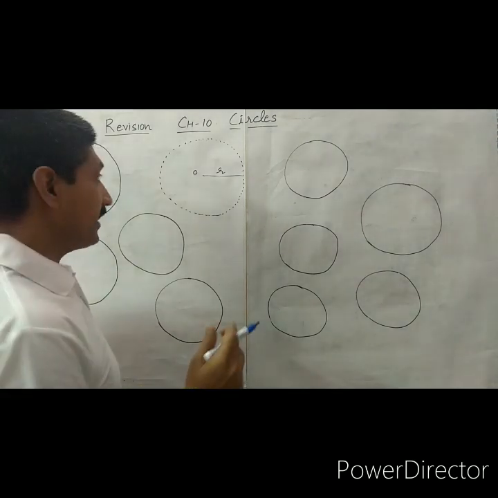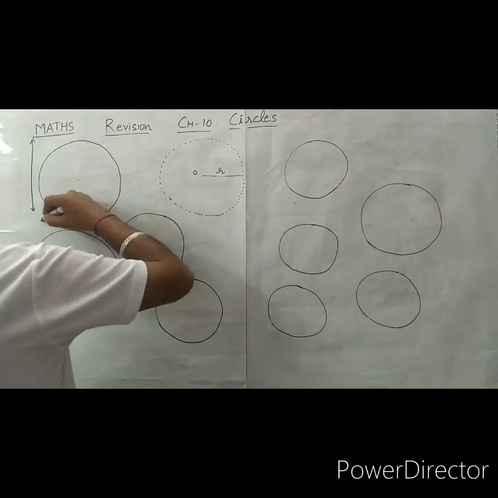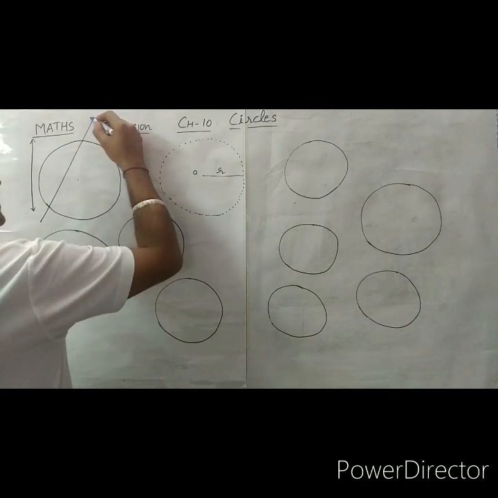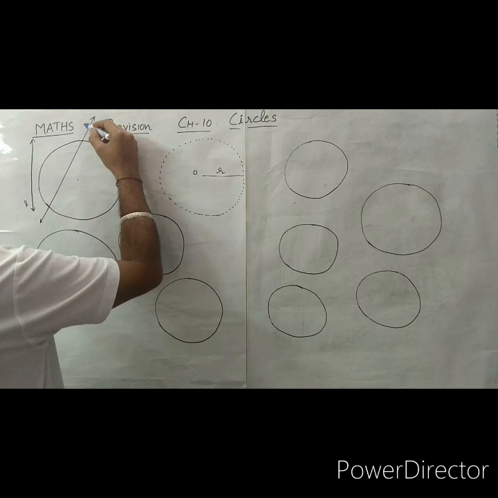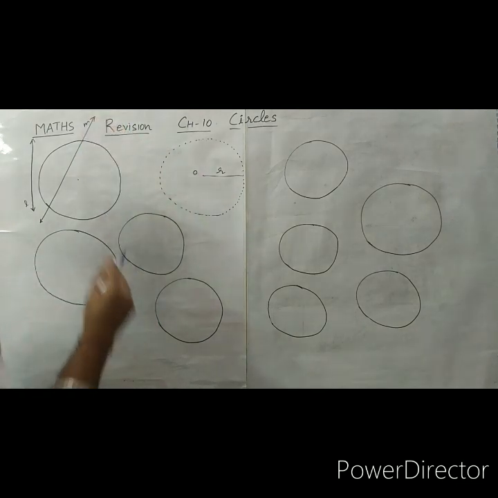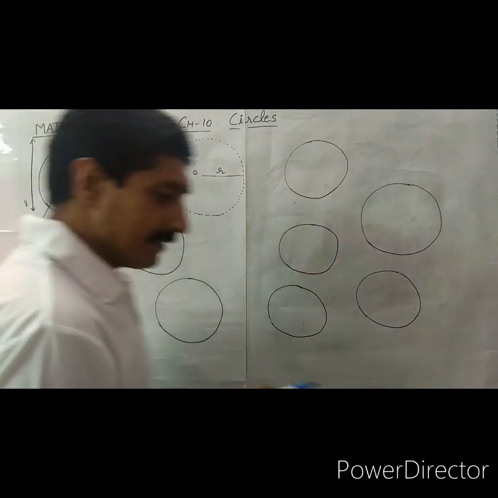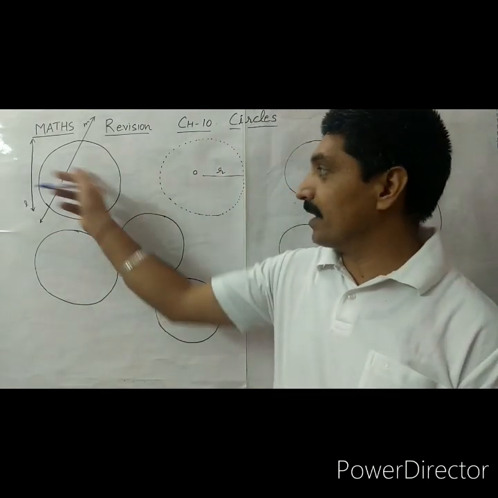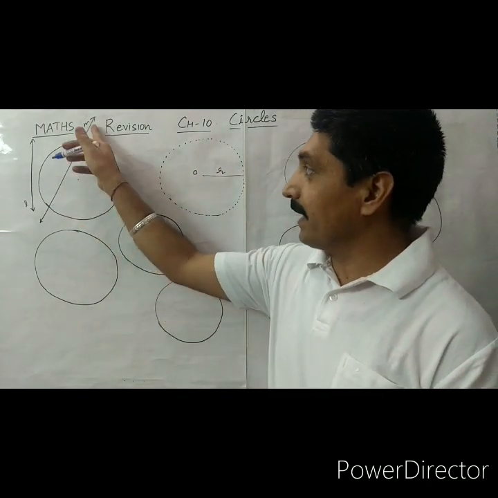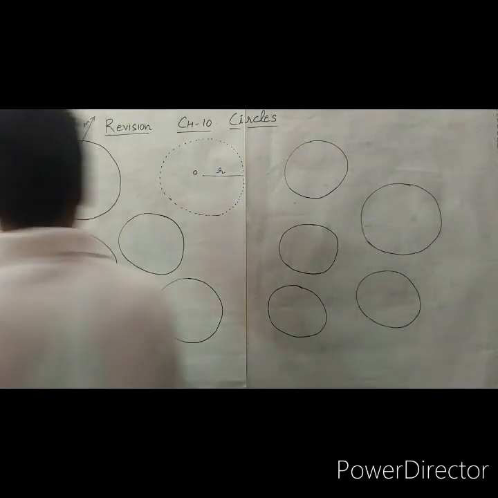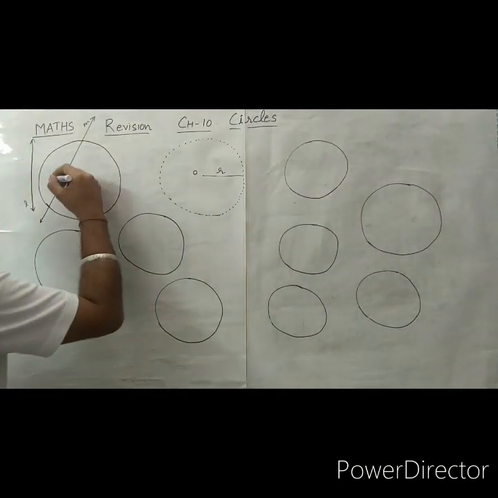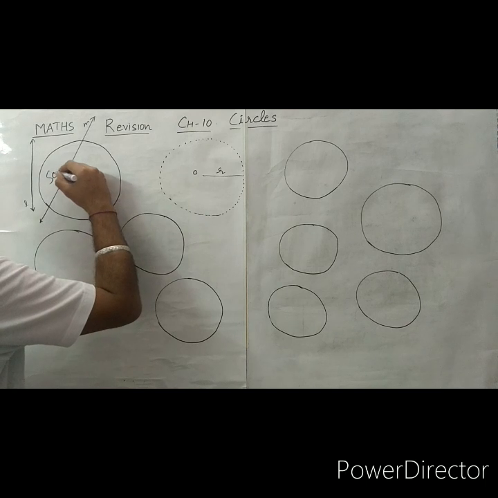Now case second, when this line divides the circle, if this is line L, this is line M. Now this line divides a circle into two parts, two segments. This line M is called a secant to a circle.